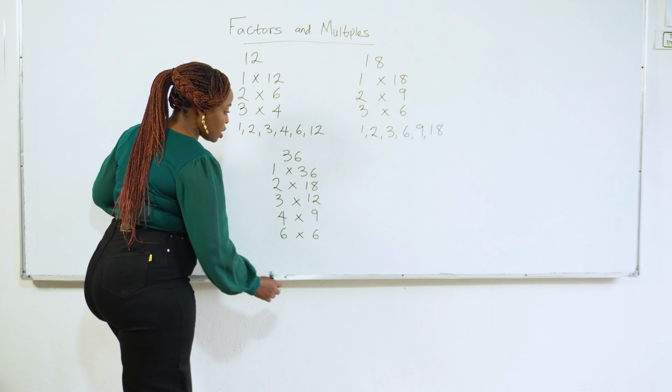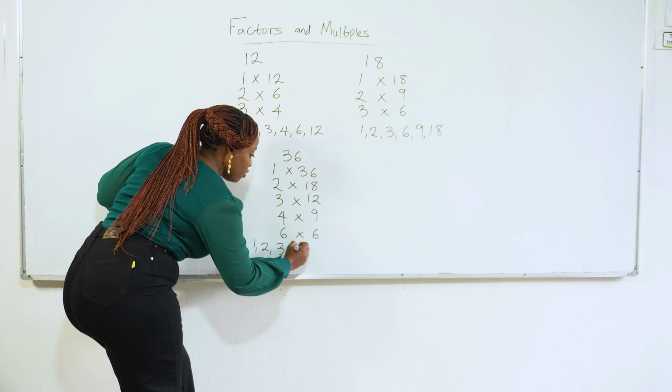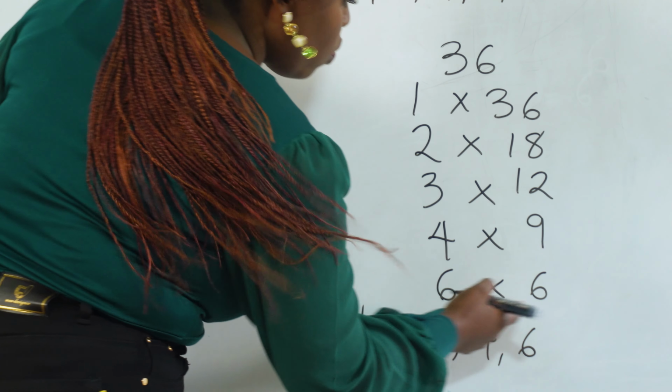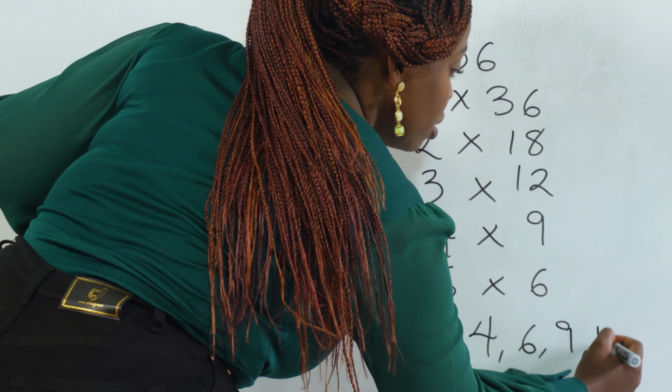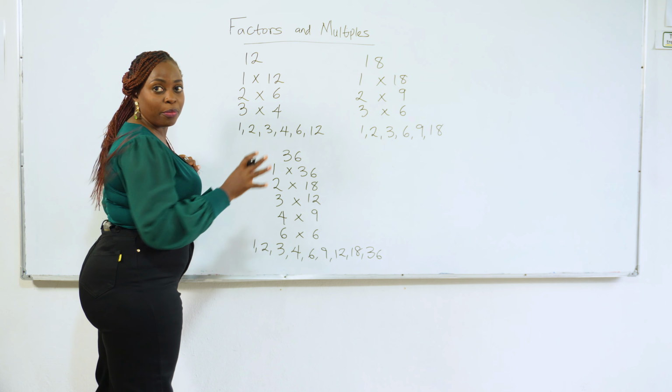So the factors for 36 are 1, 2, 3, 4, 6. Now you only list one of the 6. 6, 9, 12, 18, and 36. And don't forget, the highest factor of a number is that number.